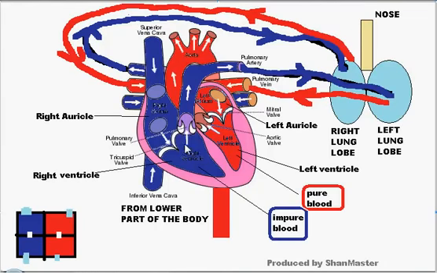Now you can see the aorta, which is from the left ventricle, it curves like a question mark, and you can see it goes to the right arm, left arm, and to the brain, up. And it goes down here, the lower part of the body.